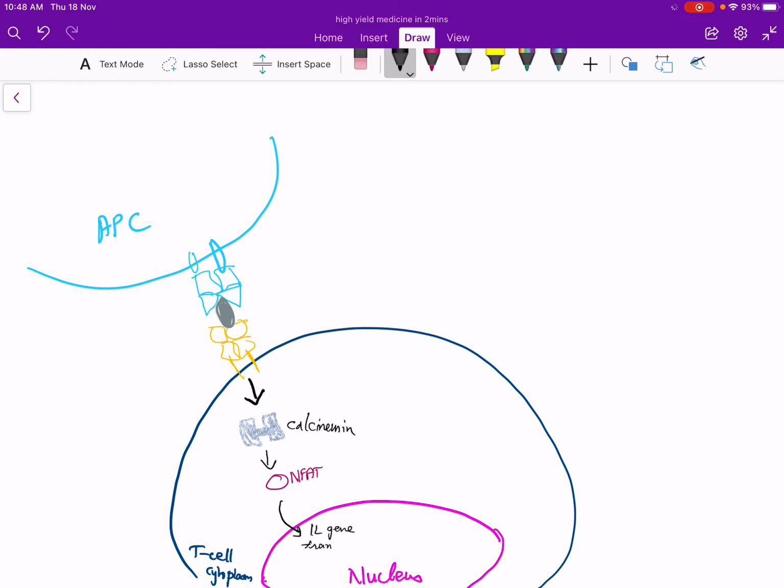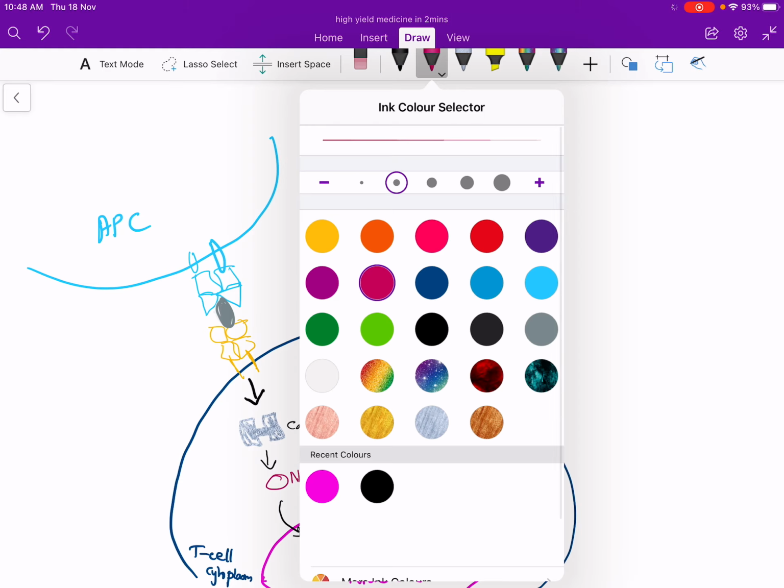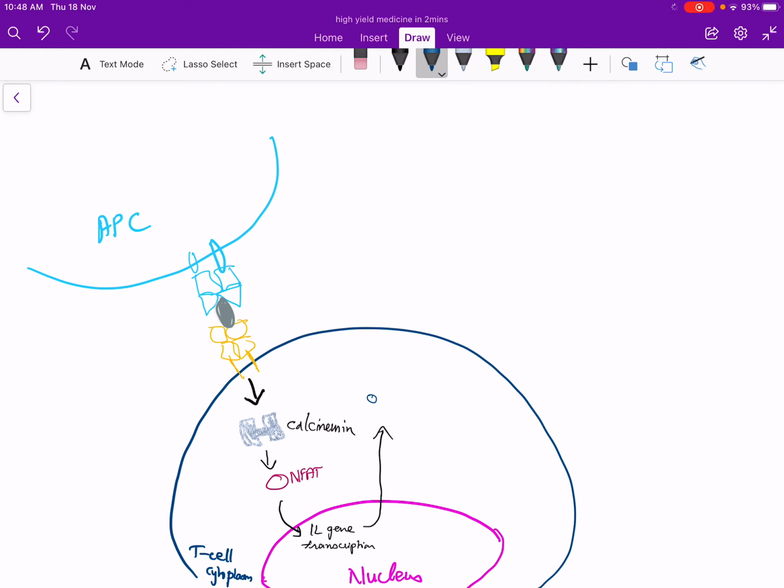So basically IL-2 mRNA is produced from the nucleus, goes into the cytoplasm, and makes the IL-2 protein. And so the next step would obviously be IL-2.